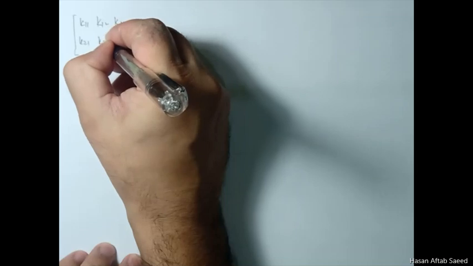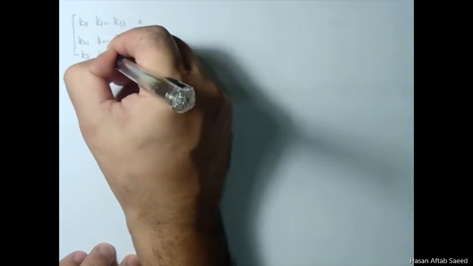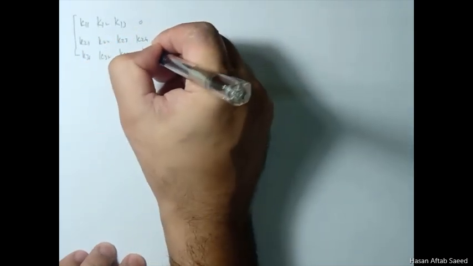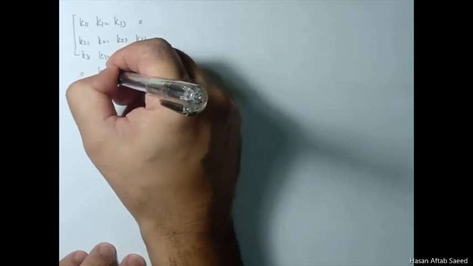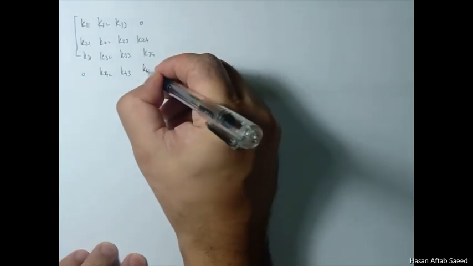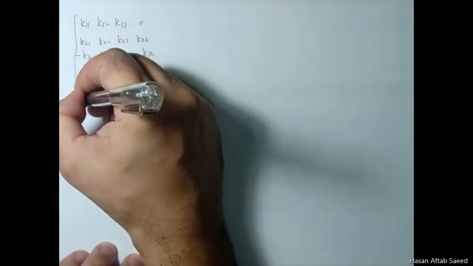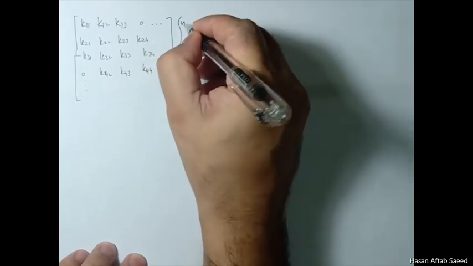K21, K22, K23, K24, K31, K32, K33, K34, 0, K42, K43, K44, and there are some other numbers also. I'm not writing the whole of this matrix.